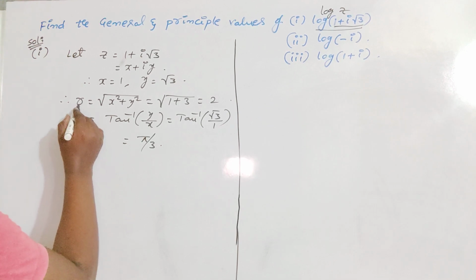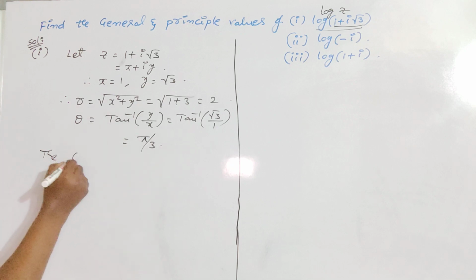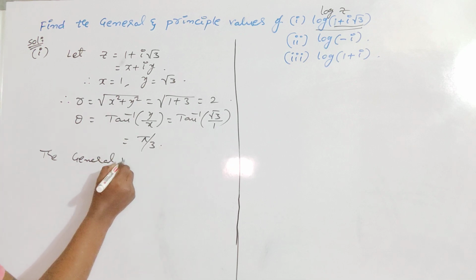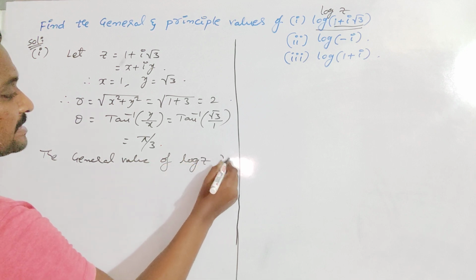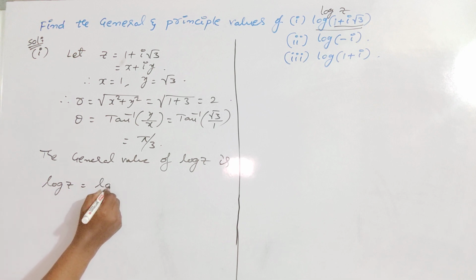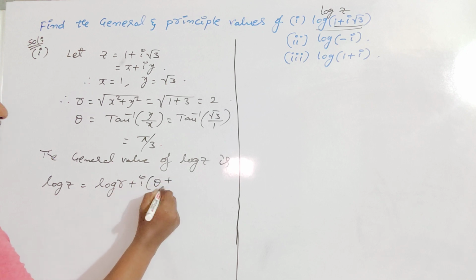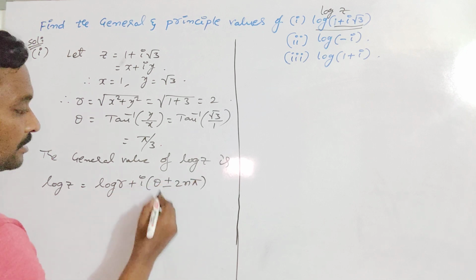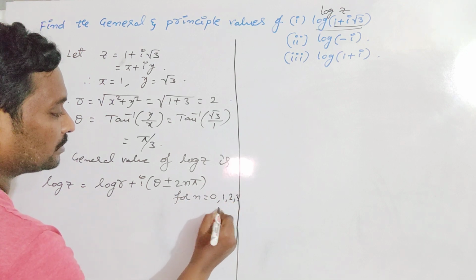After getting the r value and theta value, write the formula. The general value of log z is log r plus i into theta plus or minus 2n pi, for n equal to 0, 1, 2, 3 and so on.